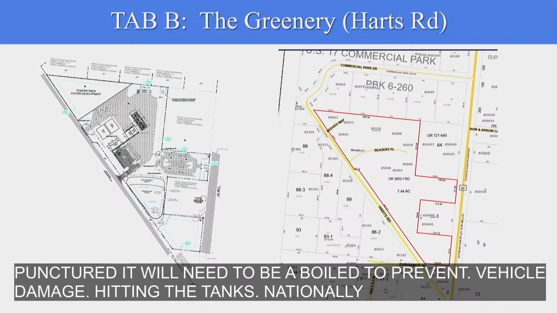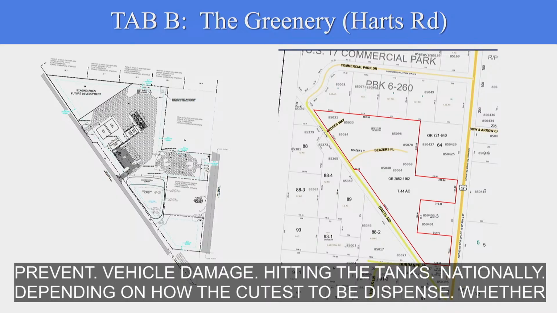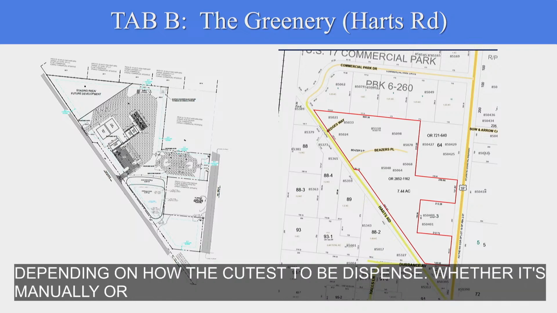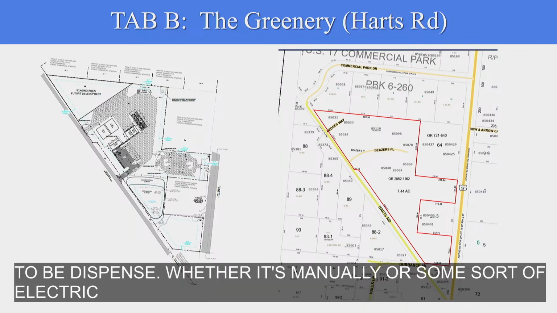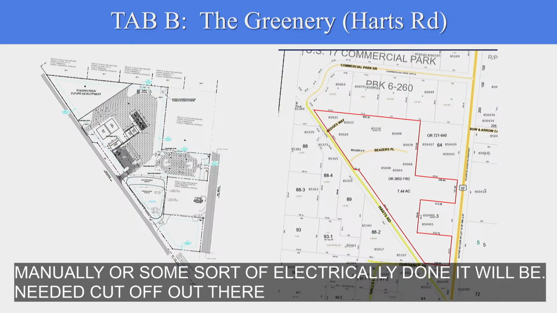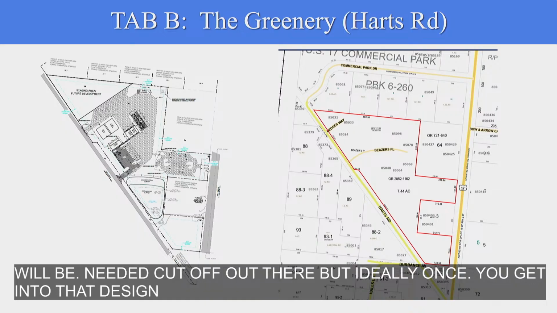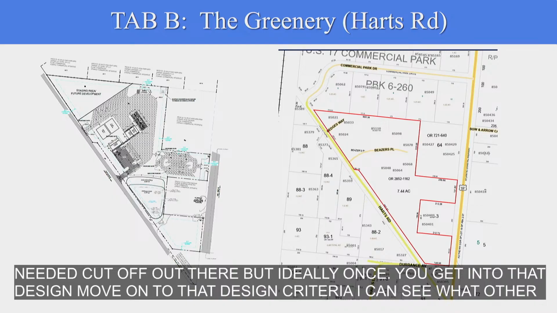Naturally, there'll be a hydrant out there, and depending on how the fuel is to be dispensed, whether it's manually or some sort of electrically done, there will need to be a fuel cutoff out there. But ideally, once you get more into that design criteria, I can look and see what other parts of NFPA 30A will apply.